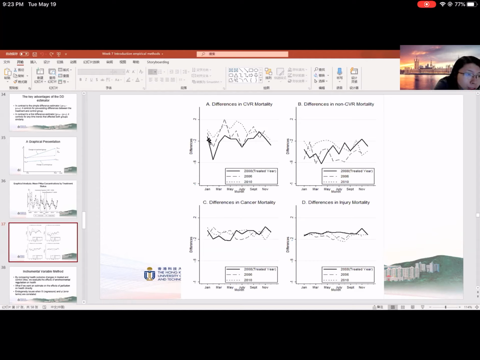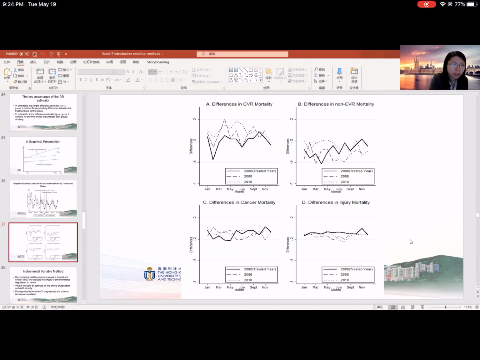The average is probably almost zero, minus 0.2 to 2.2. On average, Beijing residents were slightly less likely to die from CVR related diseases than people from other cities in 2006 and 2010. But in 2008, they were significantly less likely to die from these diseases.